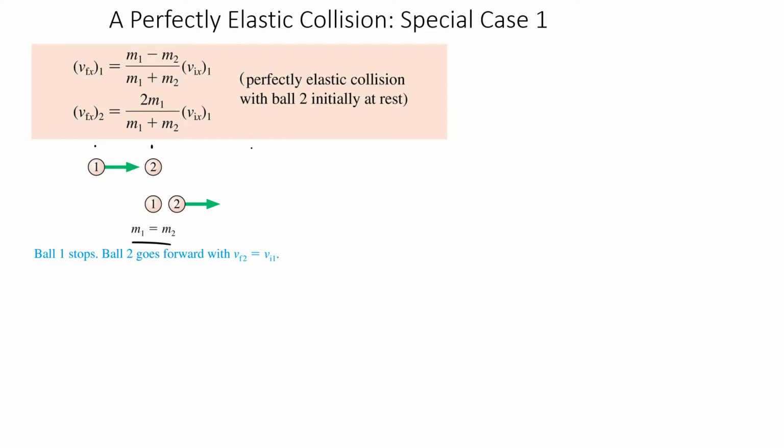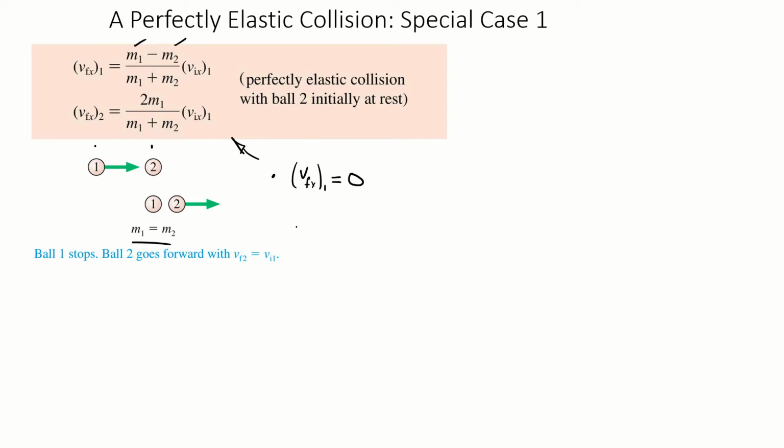Well, what do our equations predict? v final x1 is just going to be equal to 0 because these two masses are the same. So it essentially says the cue ball stands still after the collision. That is what happens, and our equations are predicting that.